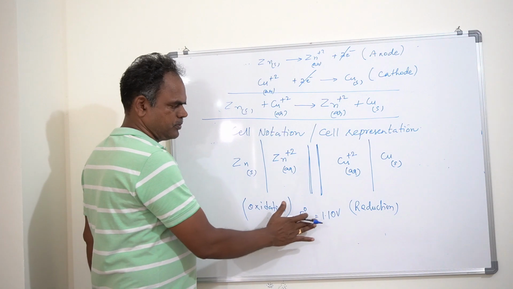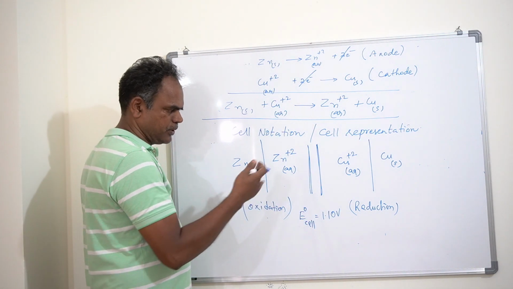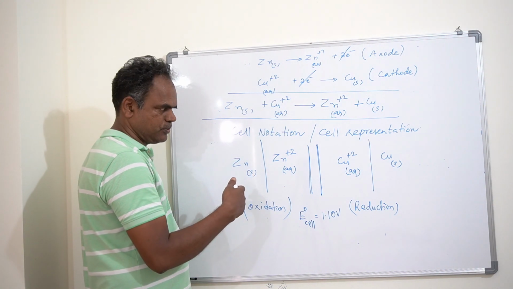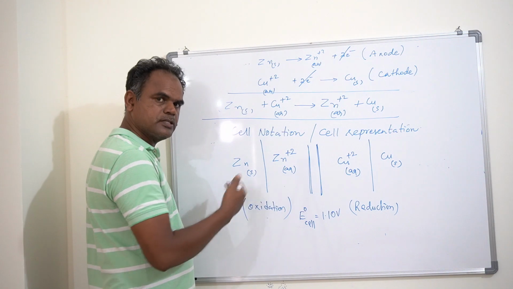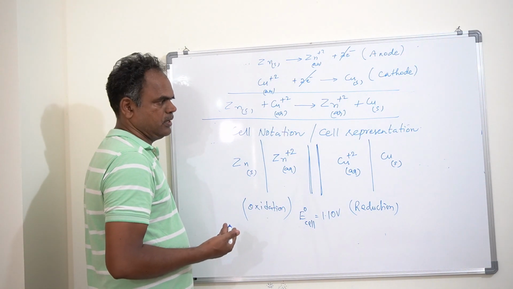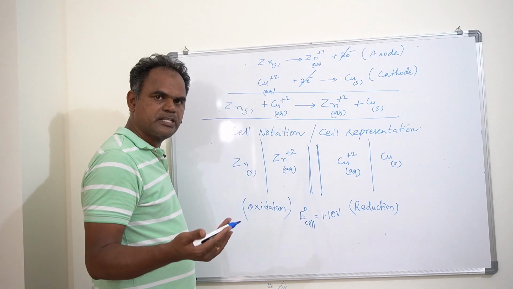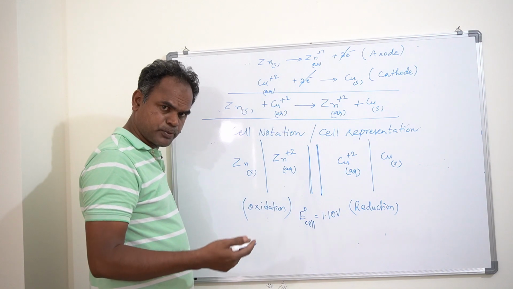So how is this cell potential positive? If you want to know whether the cell potential is positive or negative, whether the cell works or not, whether the cell functions or not, then we have to calculate the standard cell potential.